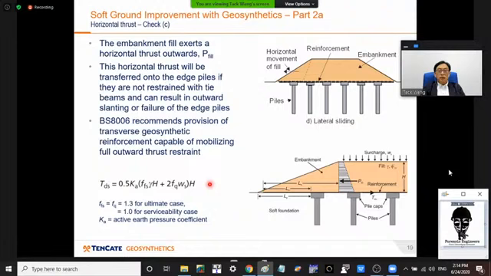And this outward thrust has to be taken by the reinforcement as well, in addition to the value of TRP that we just talked about just now. This is showing you the effect on the piles if you have not adequately provided to resist or restrain this outward push.